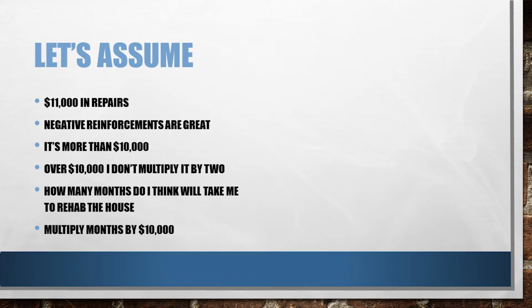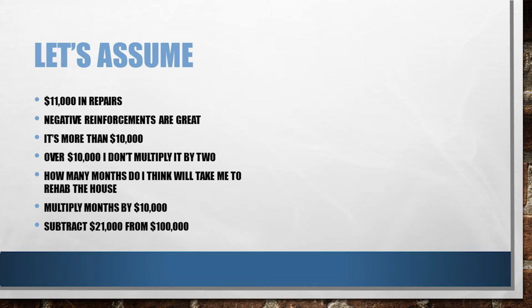That's 21,000. I'm going to subtract 21,000 from 100. My as is is 79. But if it has harder work that's going to take longer to do, and it's going to go into that 2 months, then I'm going to take the 11,000, plus 10,000 times 2. So that's 20. That's 31 from 100. Now that as is is 69.